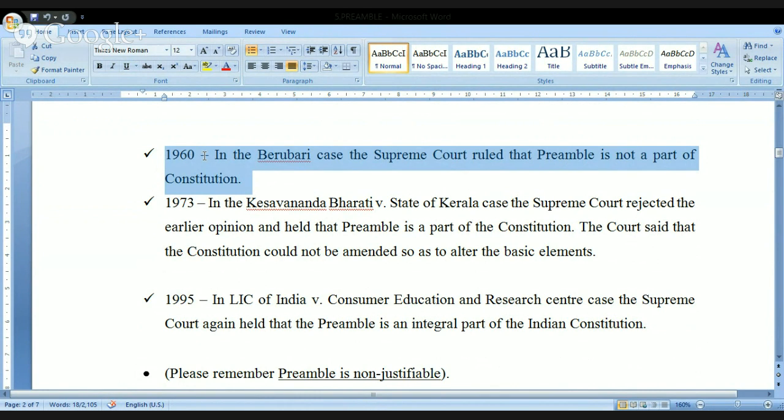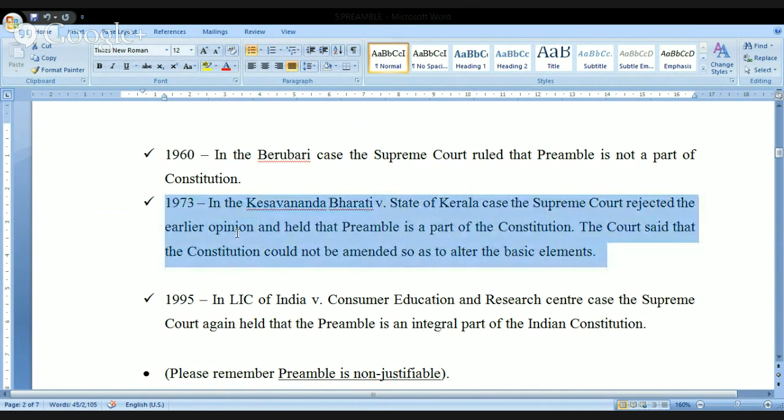This is number one. Look at this. Later in the year 1973, in the Kesavananda Bharati case versus State of Kerala, the Supreme Court rejected the earlier opinion and held that the preamble is a part of the Indian Constitution.